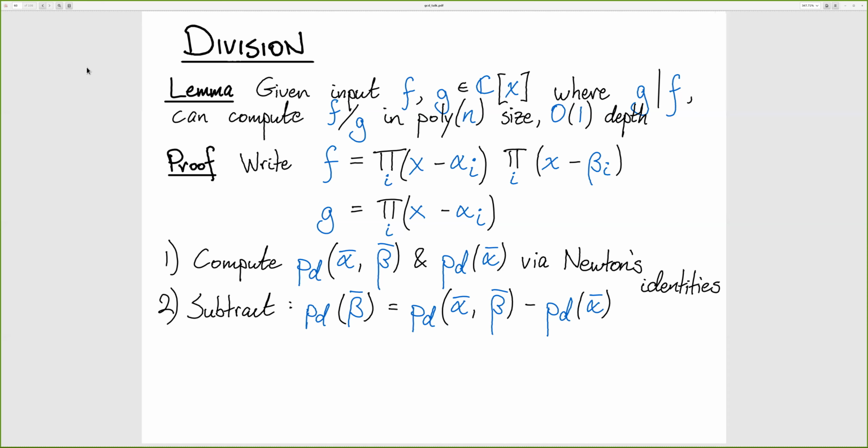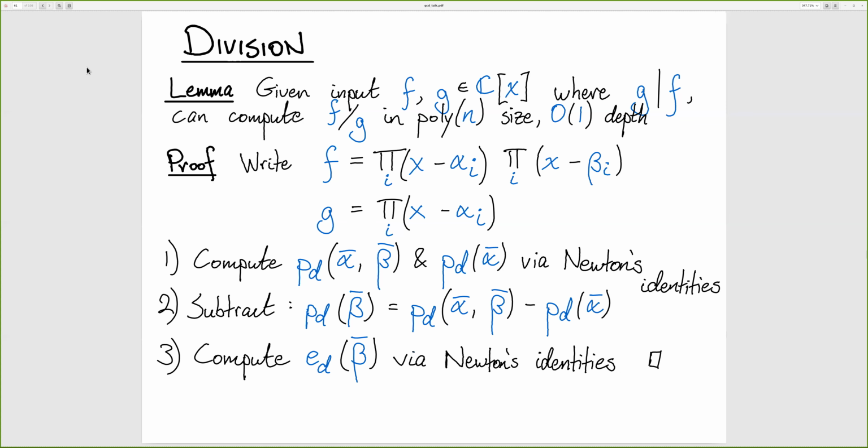You get the power sums in just the betas alone. Now you use Newton's identities again to get the elementary symmetric functions of the betas, which are exactly the coefficients of the quotient f divided by g. So you can do this polynomial division in constant depth, at least when one polynomial is promised to divide another.